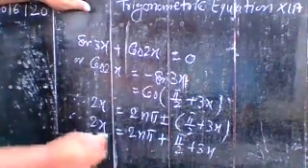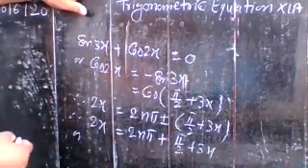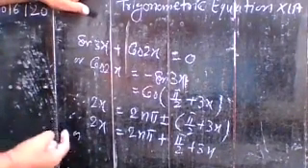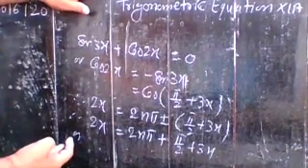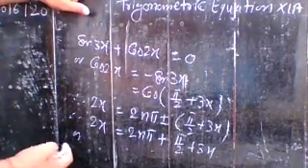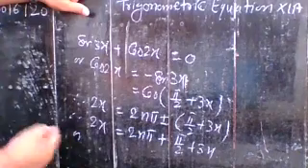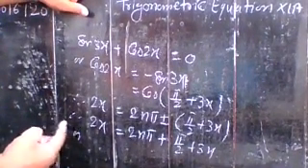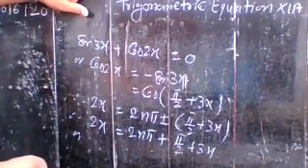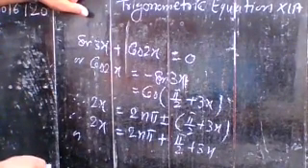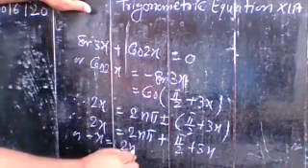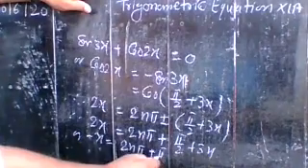If you transfer this to the right side, you have minus x is equal to 2n pi plus pi by 2.